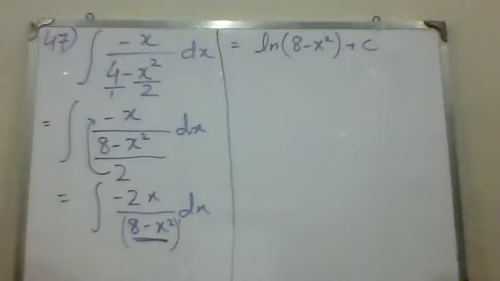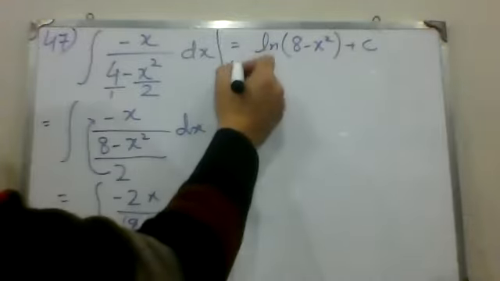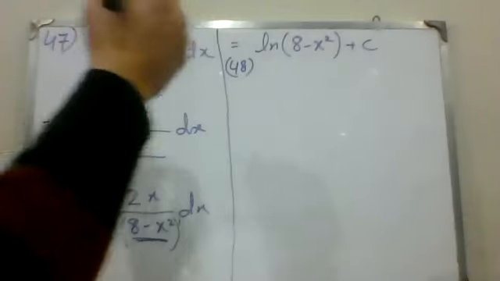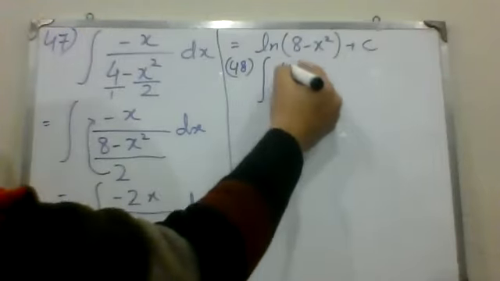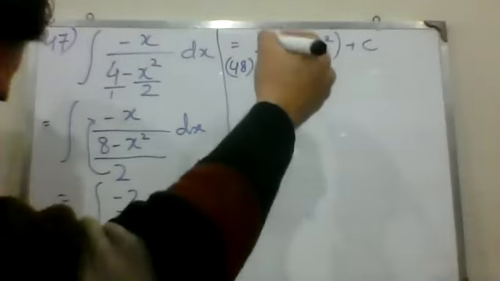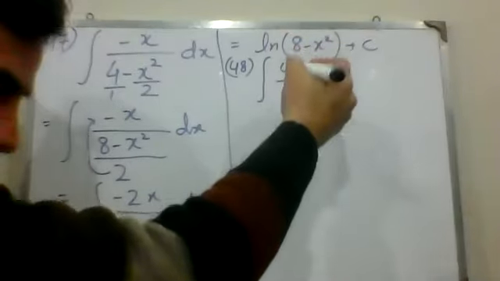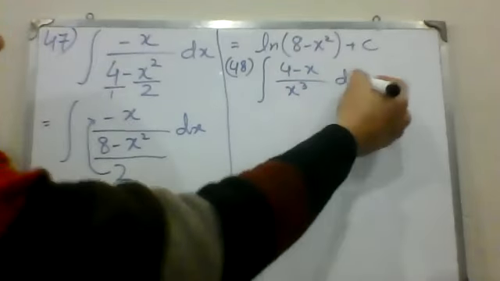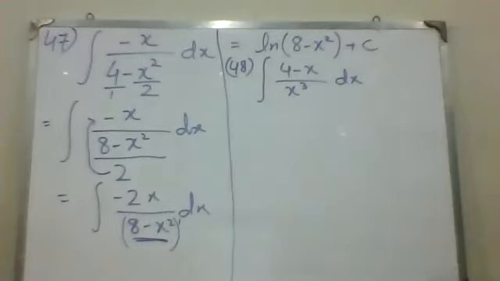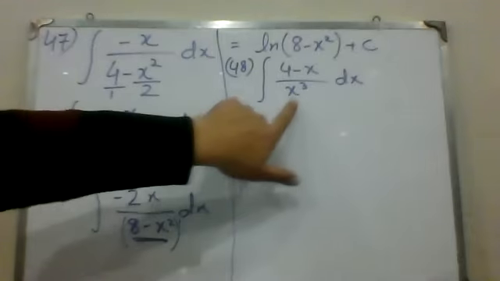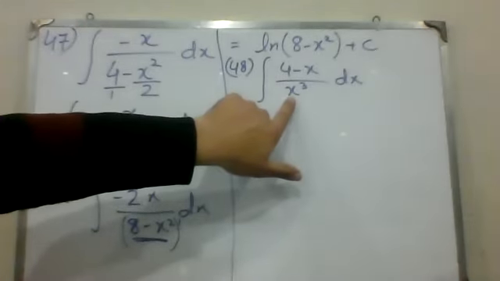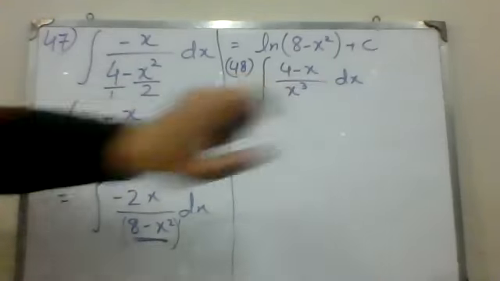Now the next problem. After 47 we can solve problem 48. Problem number 48 is the integral of 4 minus x divided by x to the power 3 dx. Okay, so how can we solve that problem? You cannot say that the derivative of that term is 3 times x square, because x square is not present in the denominator.